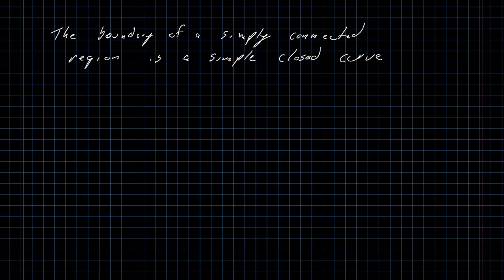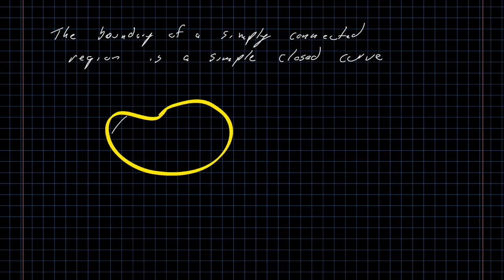Last thing, the boundary of a simply connected region is a simple closed curve. Or, in other words, if you have a simple closed curve, then the region inside is a simply connected region. All right, so we call the region R, and to denote the boundary of the region, we actually use the partial derivative symbol. And so from context, you have to pay attention.